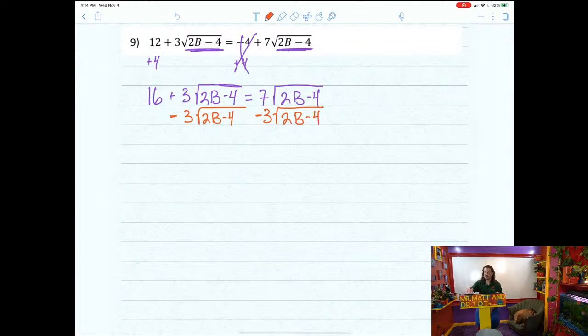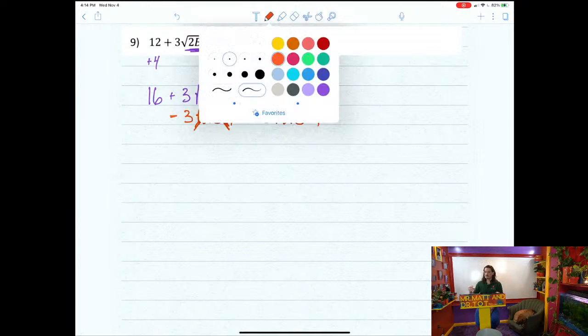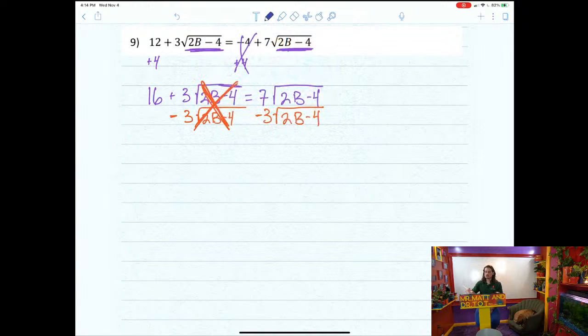So here, these values just go away because they're equal magnitudes but opposite signs. 7 times the square root of 2b minus 4 minus 3 times the square root of 2b minus 4. Again, they have a common radicand, so I keep the common radicand, 2b minus 4, and subtract the coefficients. 7 minus 3 is 4. So 4 times the square root of 2b minus 4 is equal to 16.